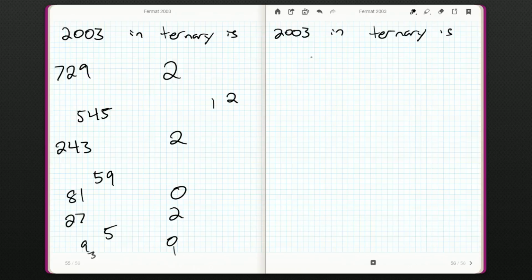So 2003 in ternary is 2202012. Oh no, sorry, there should be a 1 in there. Okay. So this is 2 plus 3 plus 2 times 27 plus 2 times 243 plus 2 times 729. That should be 2003.